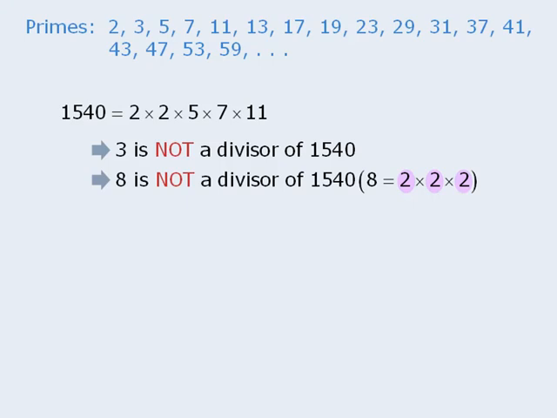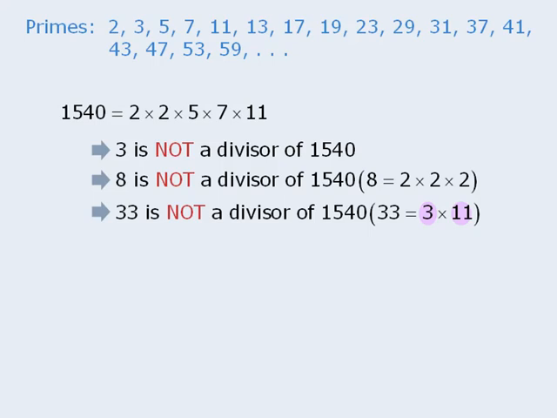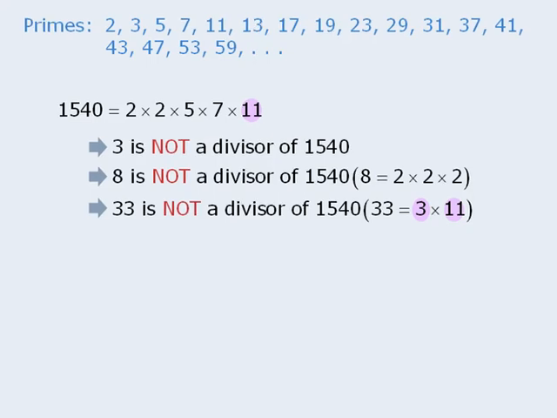Since the prime factorization has only 2 2's, we know that 8 is not a divisor. One last example. 33 is not a divisor of 1540, since 33 is equal to 3 times 11, and the prime factorization of 1540 does not include a 3 and an 11.